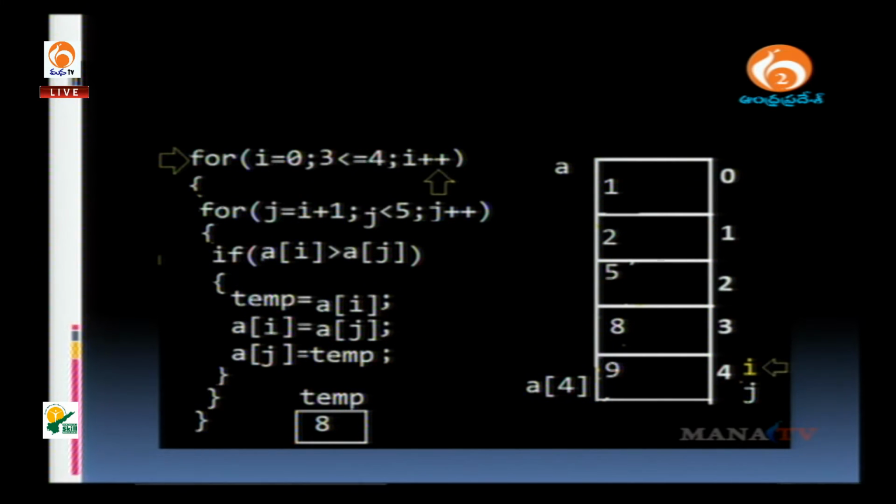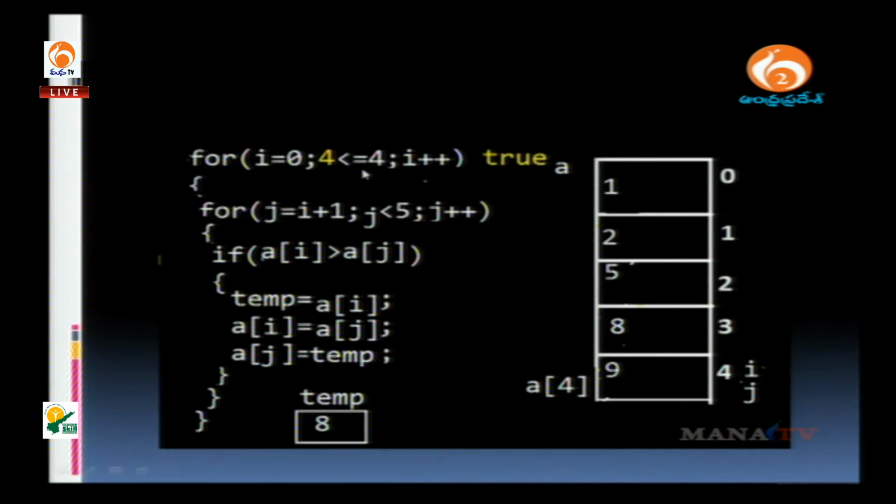Now i plus plus, i is incremented by 1. It was 3, now it is 4. The indexes are the same now, that is i is 4 and j is also 4.